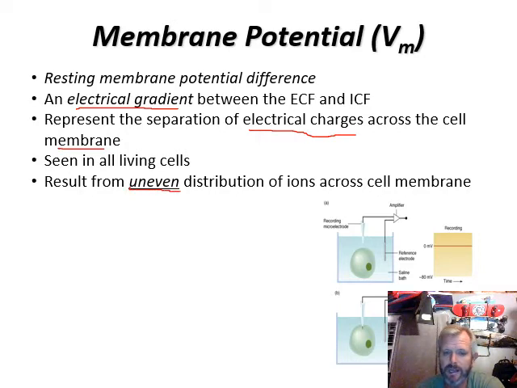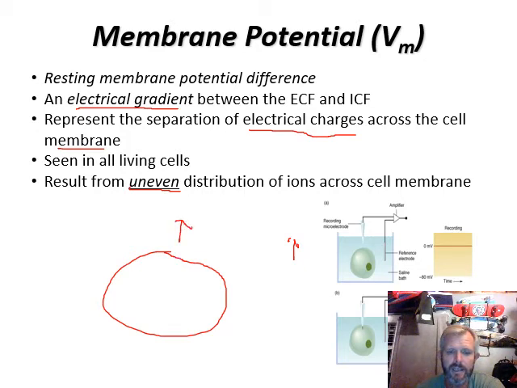Let's just bring it up now: outside the cell, anybody remember what's outside the cell? All right, actually, let me draw my cell here. So outside the cell, we have high sodium ions. Inside, we have high potassium, and low potassium outside.